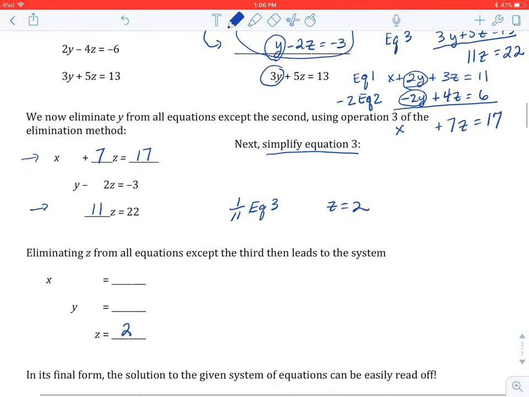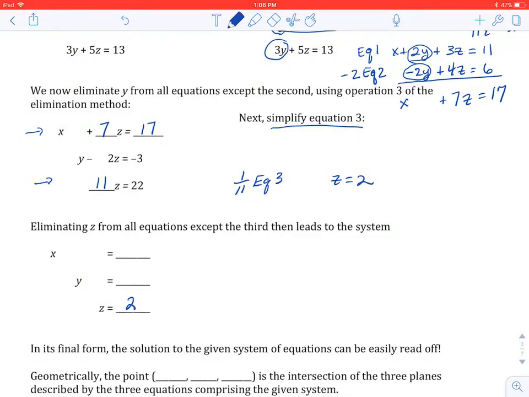I'm going to write that down here on the next line. All right, so we've got z equals 2. So that means we'll still have x plus 7z equals 17, y minus 2z equals negative 3, z equals 2.